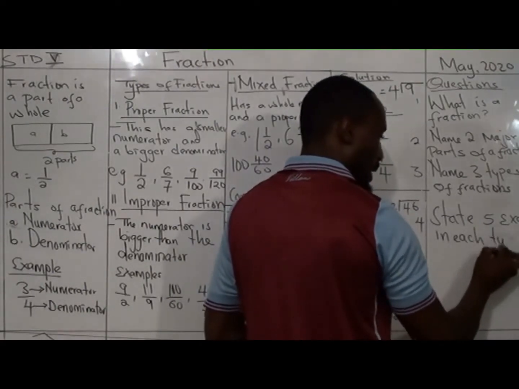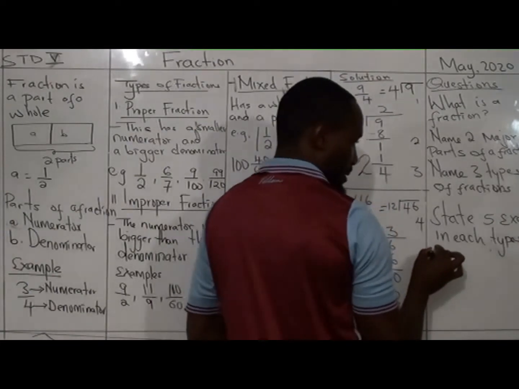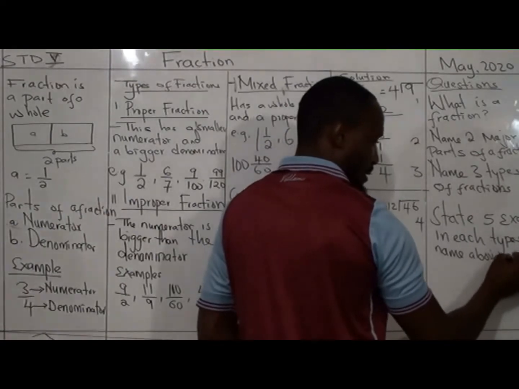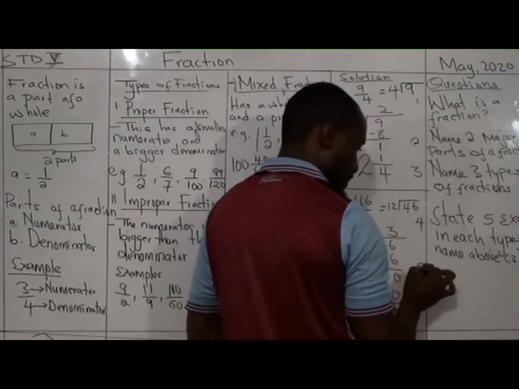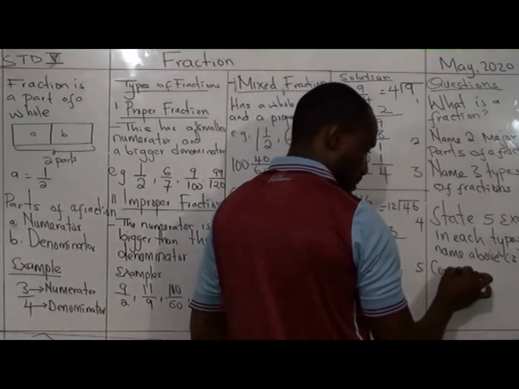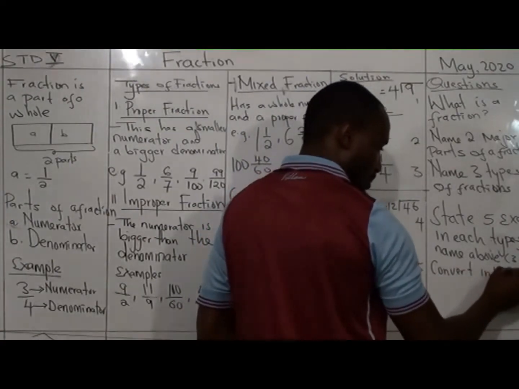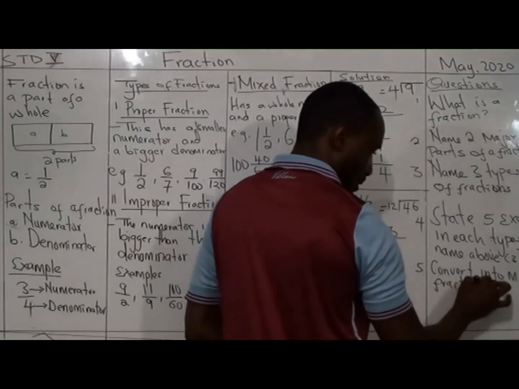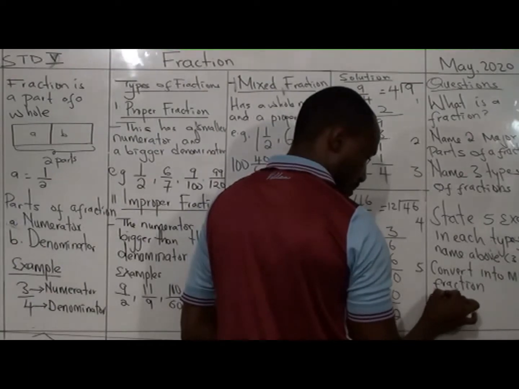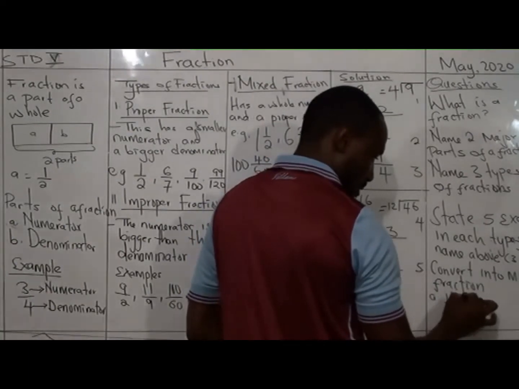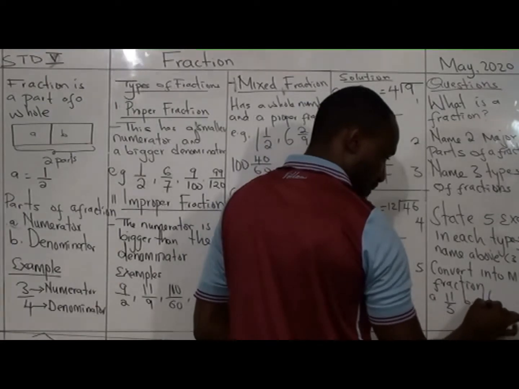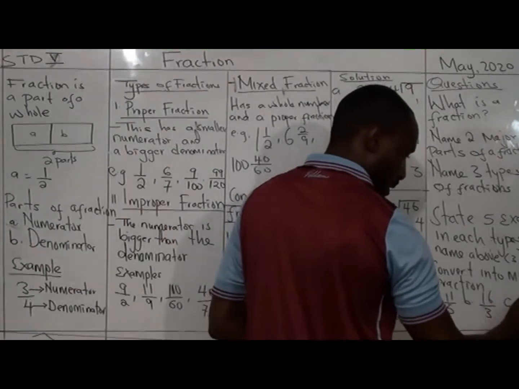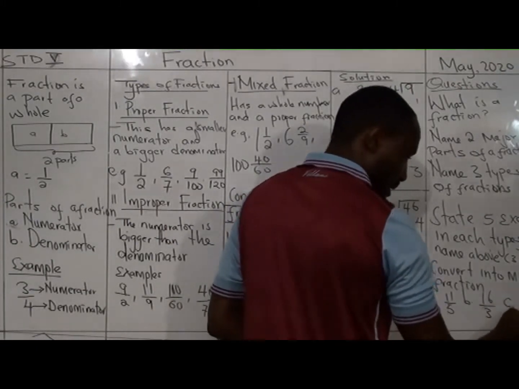Let me use the word type named above. Number 5, convert into mixed fraction: A, 11 over 5, B, 16 over 3, and C, 21 over 6.